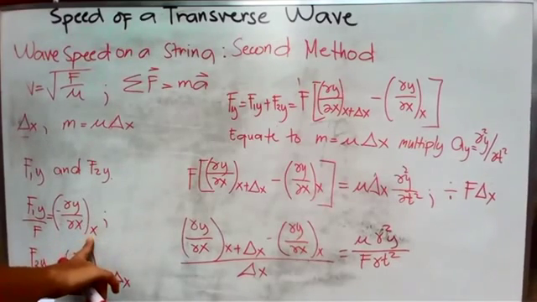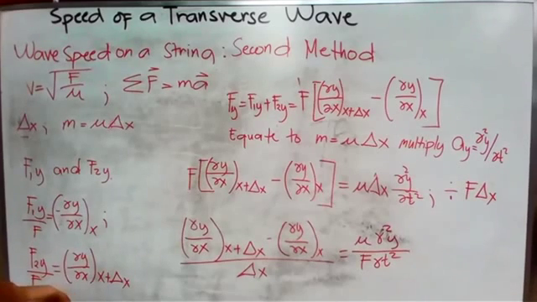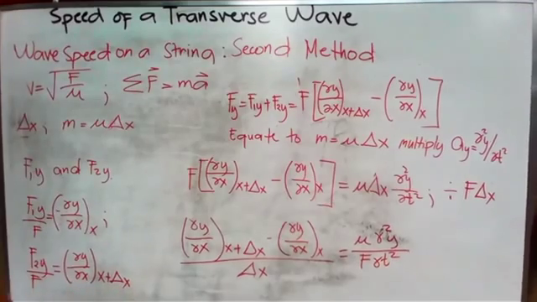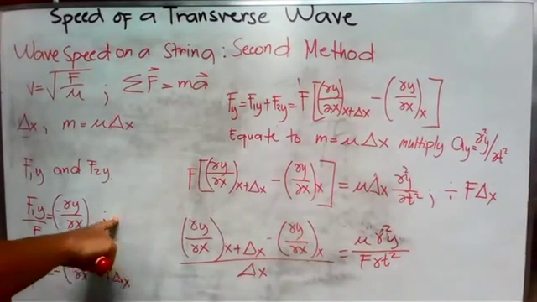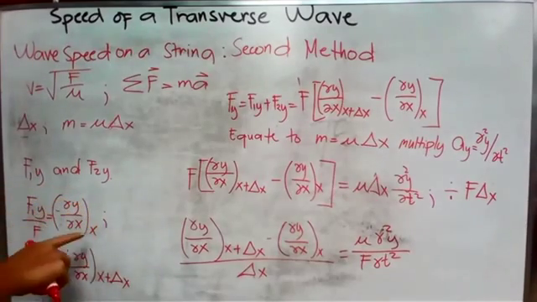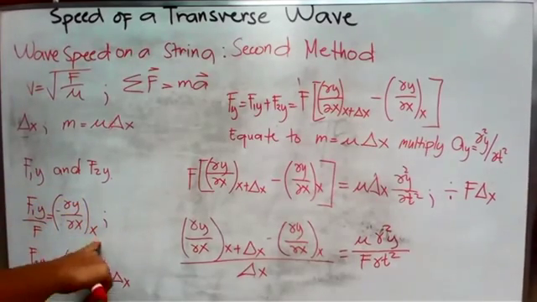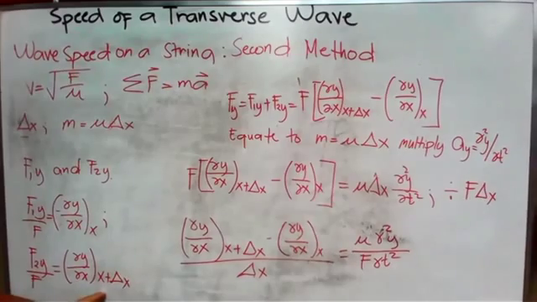And then F2y over F is equal to the slope at point x plus change of x. This reminds us that the derivatives are evaluated at point x and at point x plus change of x.